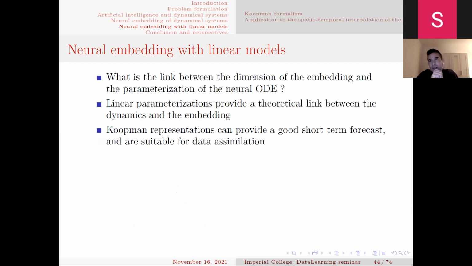We thought that linear representations are extremely valuable for data assimilation applications because they allow us to use extremely simple state-of-the-art Bayesian filtering techniques such as the Kalman filter. Also, linear representations can provide a good short-term forecast of chaotic dynamics if those dynamics have some periodic or quasi-periodic modes, or more generally have some stable parts in their spectrum.